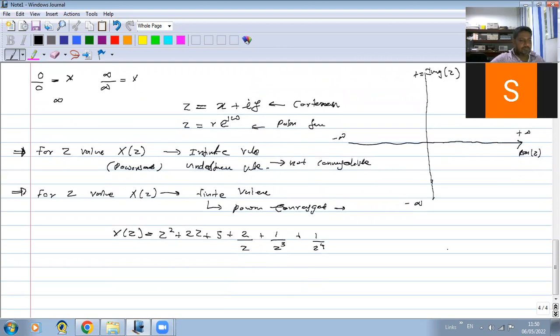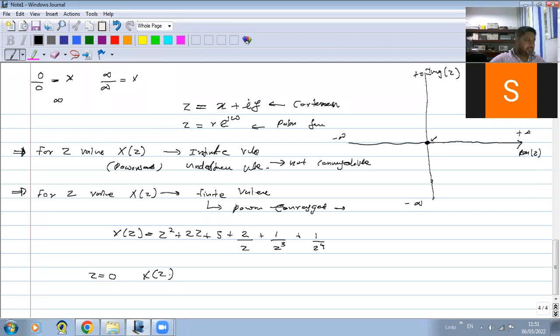If you consider z equal to 0, what happens? If z is 0, you can see that z can take the value 0 as well. So if z is 0, what is the value of x(z)?